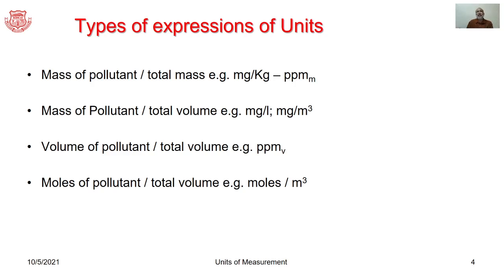It can also be expressed as parts per million on a mass basis, or mass of the pollutant by total volume, such as mg per liter or milligram per cubic meter. Also, volume of the pollutant per total volume, say ppm based on volume. Also, moles of the pollutant per total volume, such as moles per cubic meter.